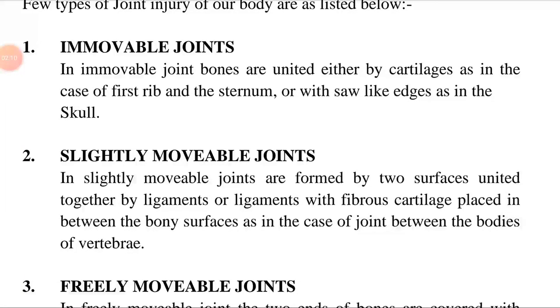Means immovable joint bones are connected by a tough but flexible tissue, which is the main type of connective tissue in the body. The first rib is the most curved and usually the shortest of all the ribs, along with the sternum.